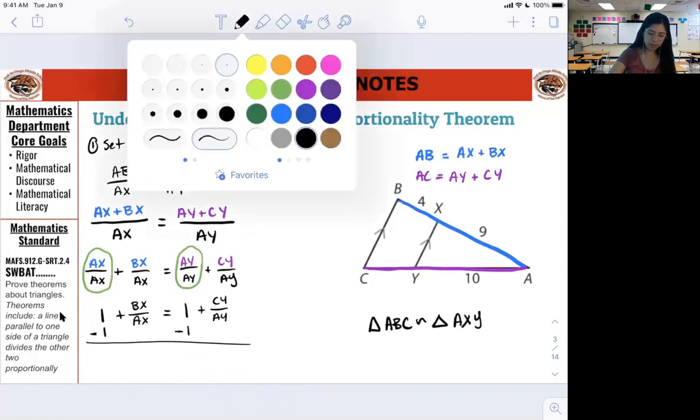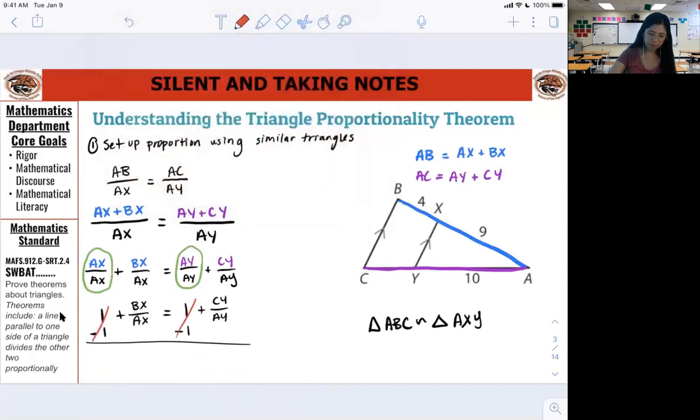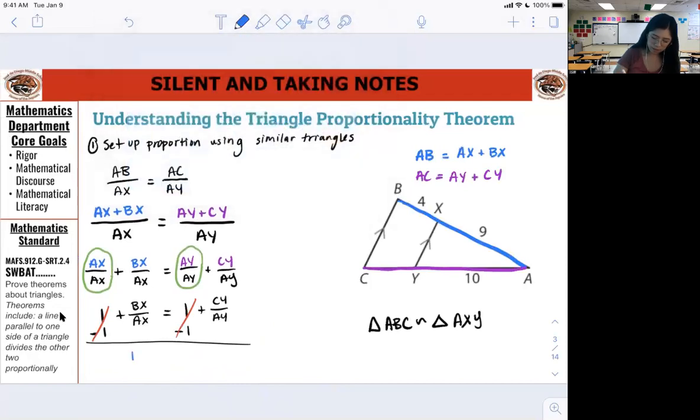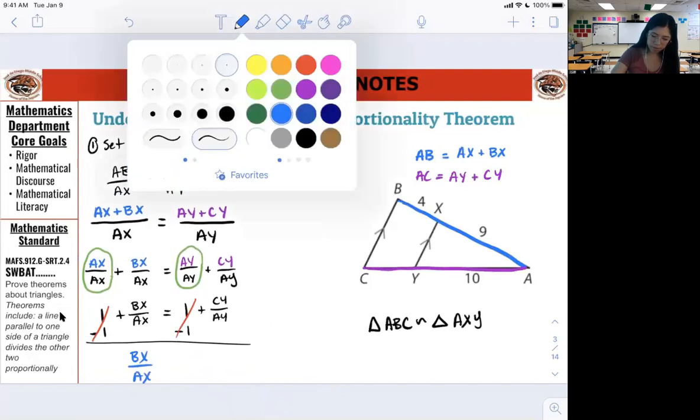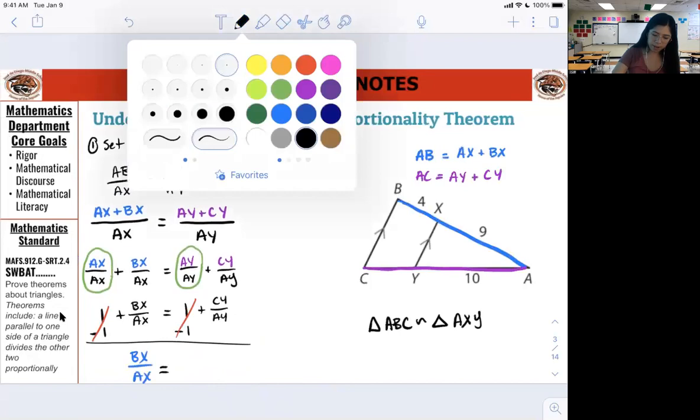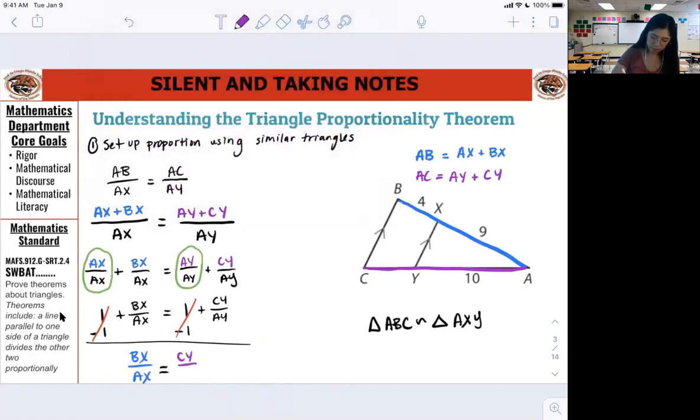So the 1's go away, and I'm left with BX over AX equals CY over AY. And that is the triangle proportionality theorem.